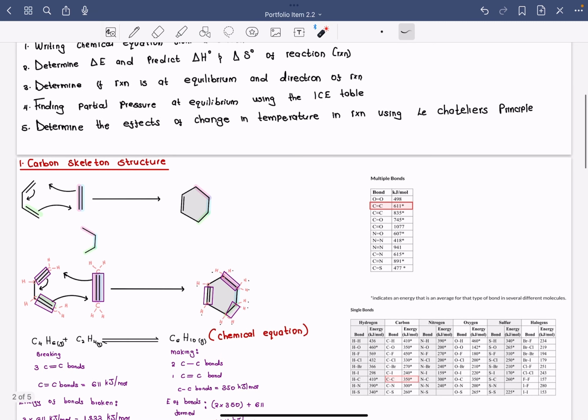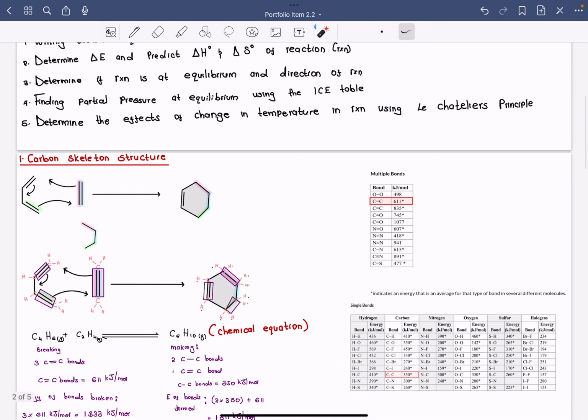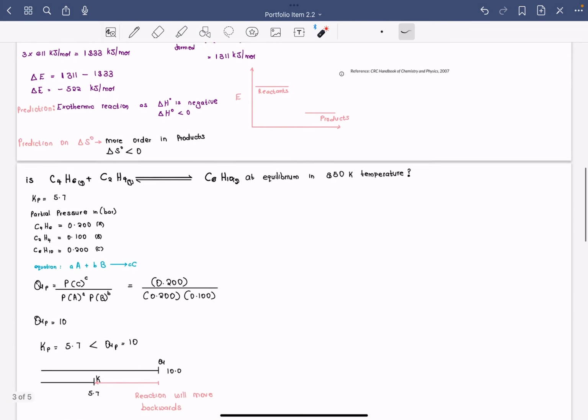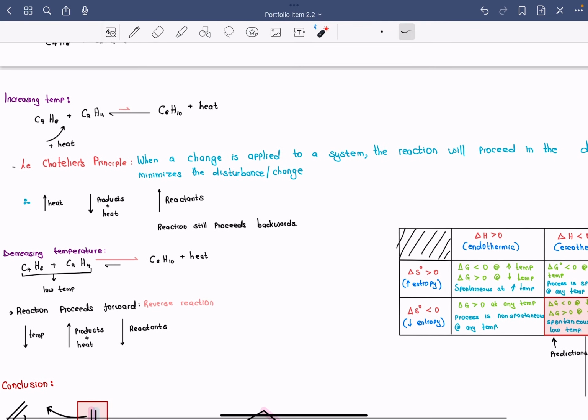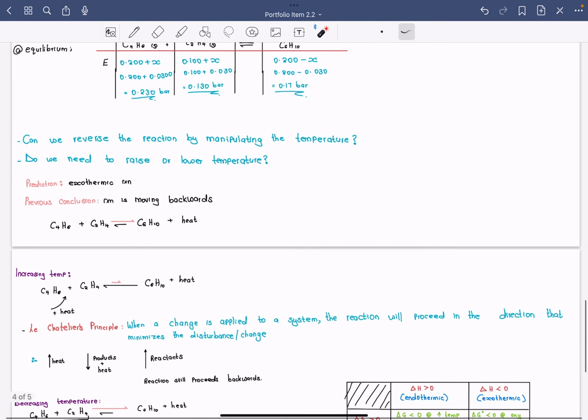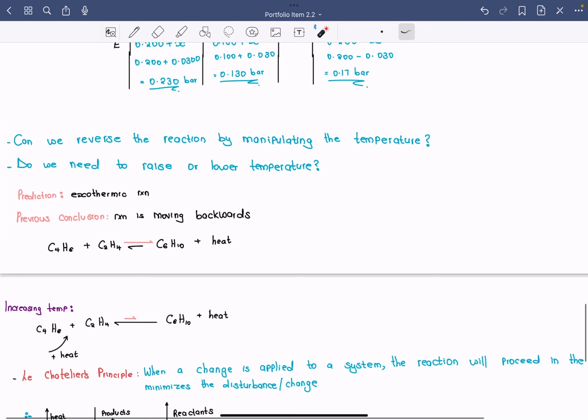So now let's determine the effects of change in temperature on the reaction, and I'm gonna explain that using Le Chatelier's principle. We're gonna be determining whether we can reverse this reaction. Remember, our reaction is proceeding backwards.